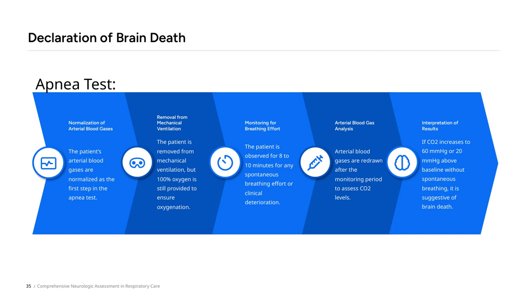This normalization involves adjusting or confirming the gas levels to establish a baseline. Finally, the apnea test involves closely monitoring the patient after removing ventilation to see if there's any breathing effort, with the goal of confirming the absence of spontaneous respirations. Throughout this process, each step is crucial in accurately determining brain death and ensuring a thorough, safe assessment.